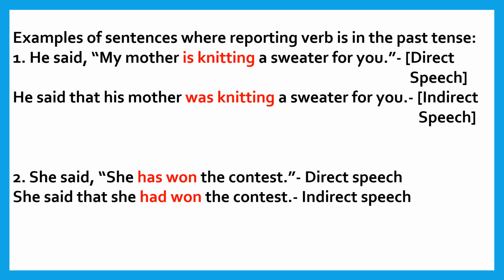The second example, she said, "She has won the contest." This sentence is in the direct speech. When converted into indirect speech, the sentence is, she said that she had won the contest. The verb "has won" becomes "had won."